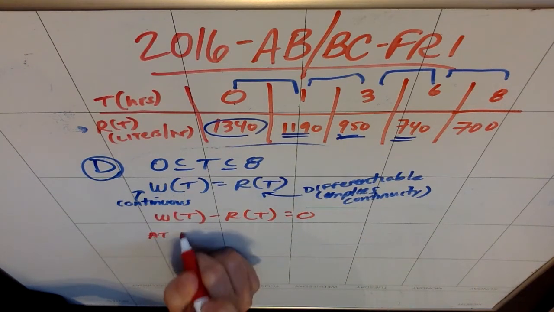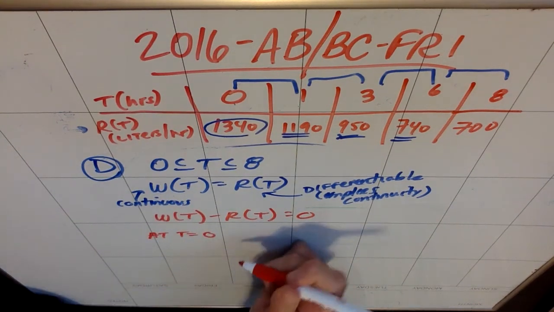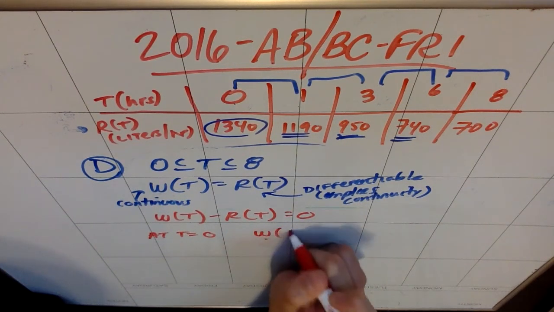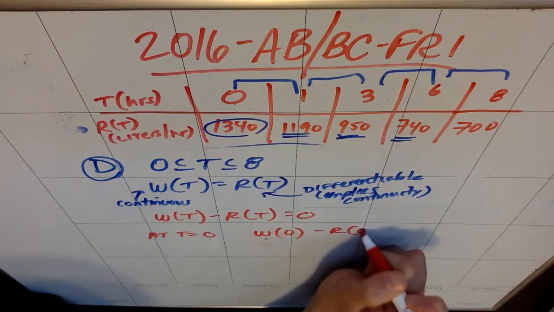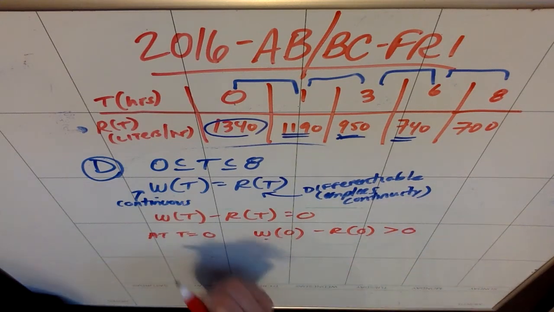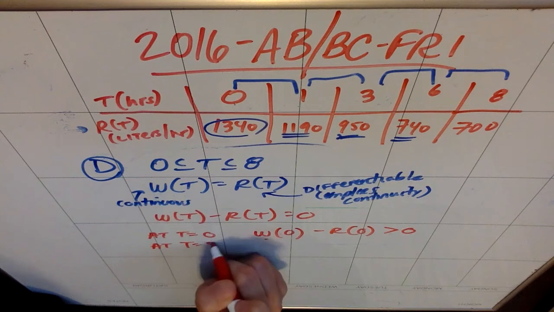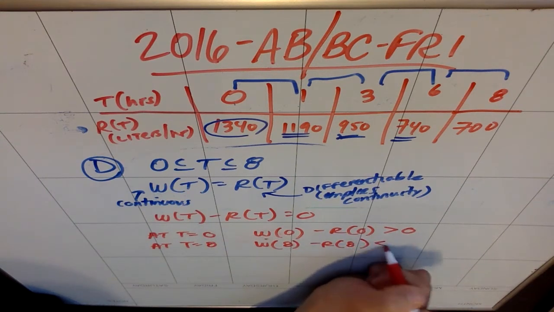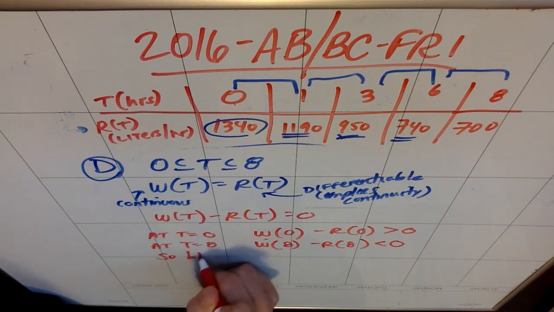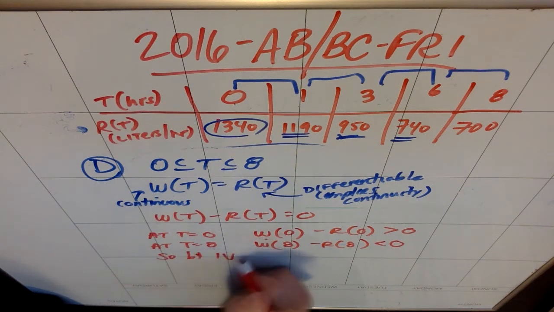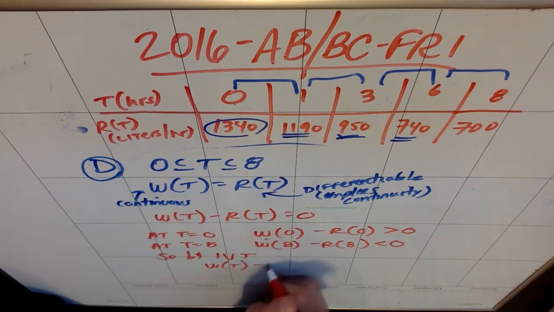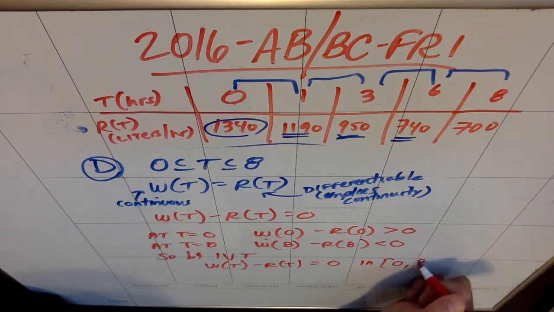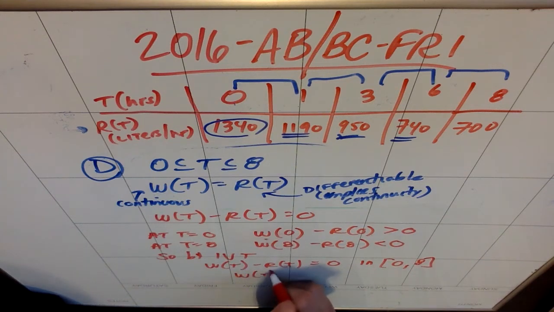So at t equals 0, W of 0 minus R of 0 is positive, and at t equals 8, W of 8 minus R of 8 is negative. So by the intermediate value theorem, W of t minus R of t equals 0 somewhere in that window from 0 to 8, which is saying W of t equals R of t.